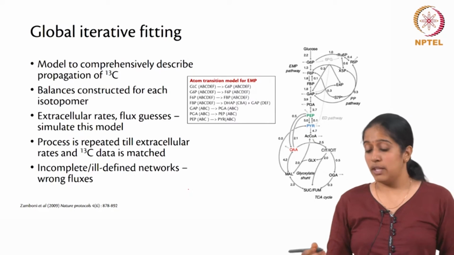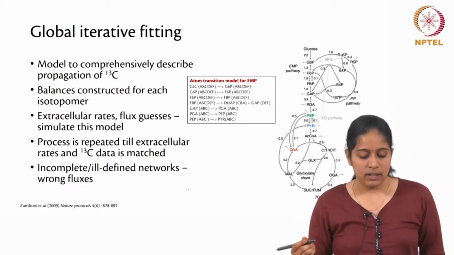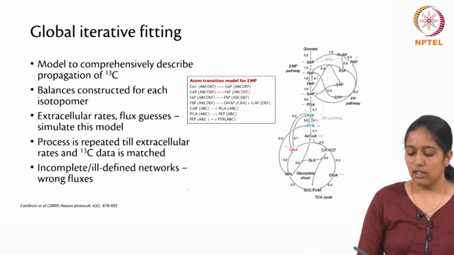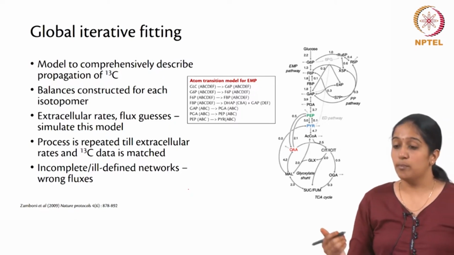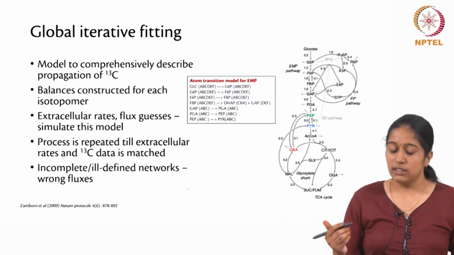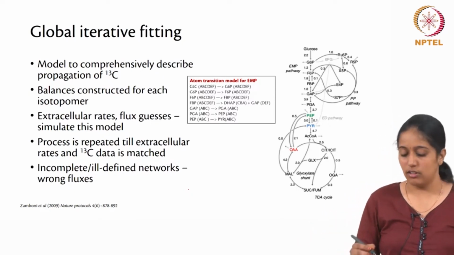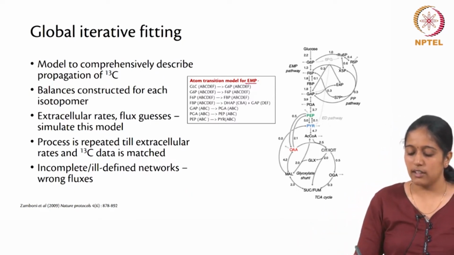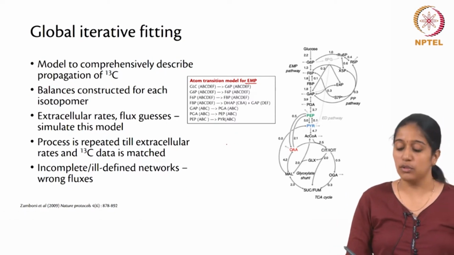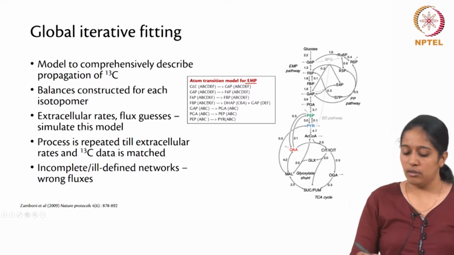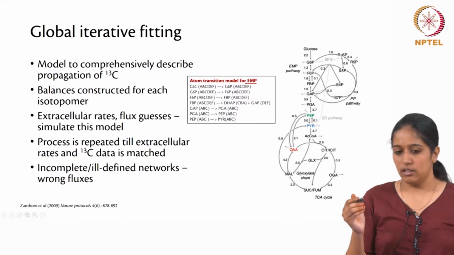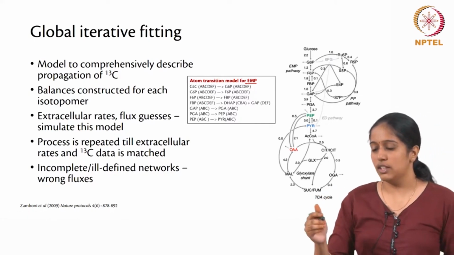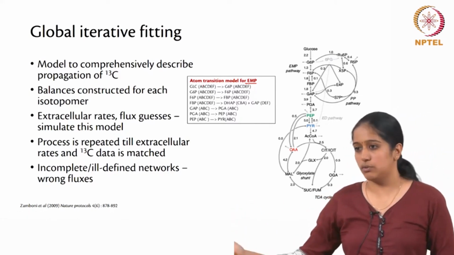So, what do I mean by global iterative fitting? This is a technique where you already know a model which has the atom transitions. For instance, if you look at glycolysis, you have the reactions from glucose to pyruvate, and you already know that if there were 6 carbons in glucose, there would be 6 carbons in glucose 6 phosphate.